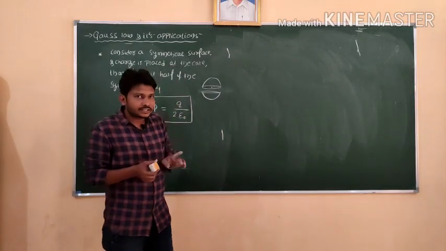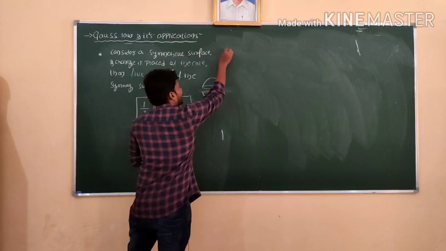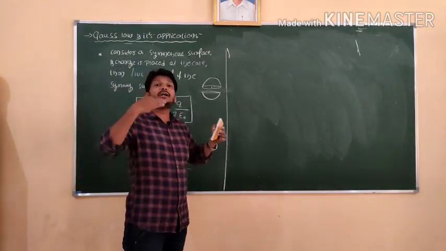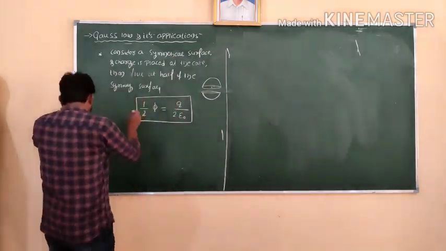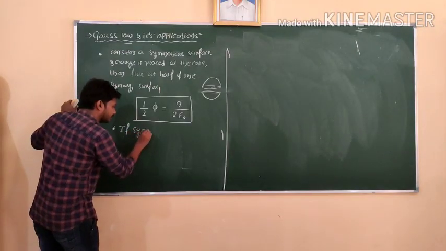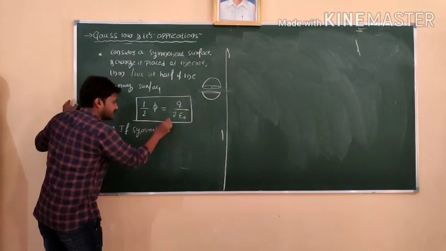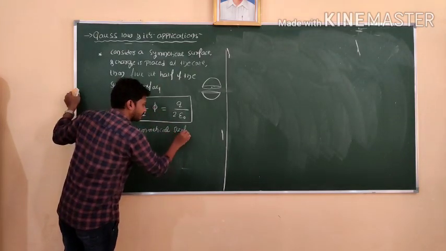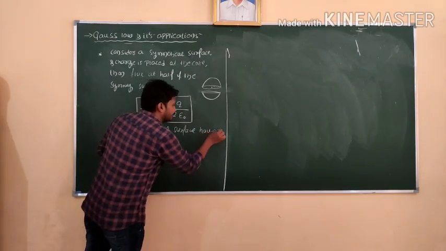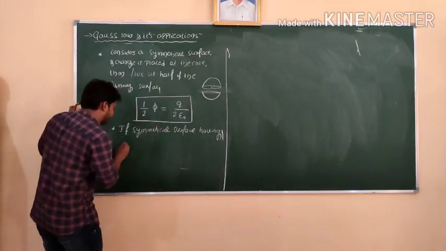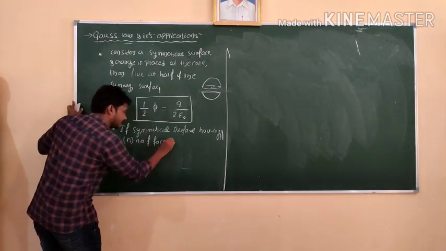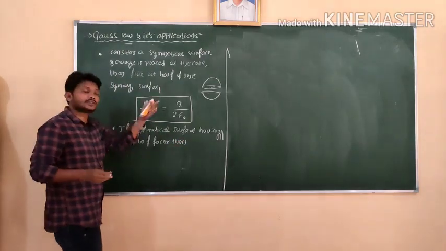So the flux through each face, I will provide a generalized formula here. The flux through each face, if the symmetrical surface has n number of faces, then what is the flux through each face here?